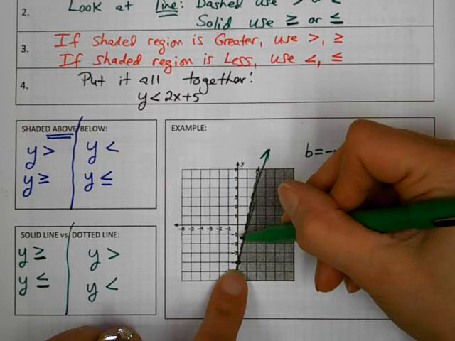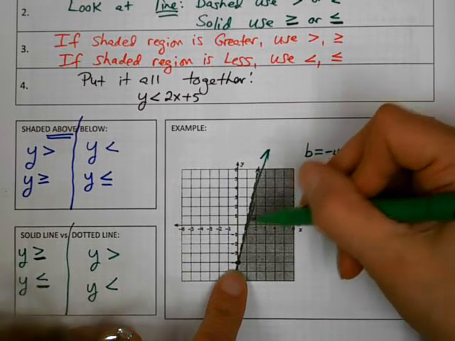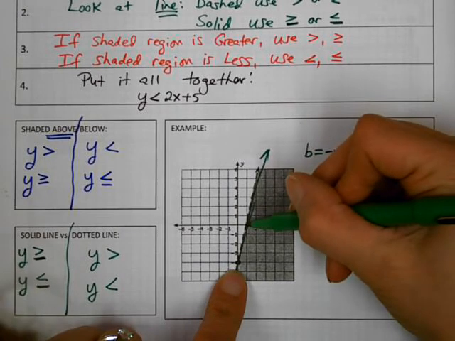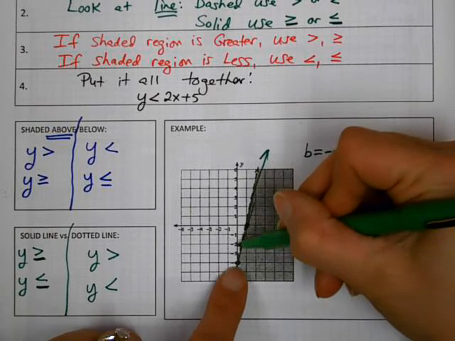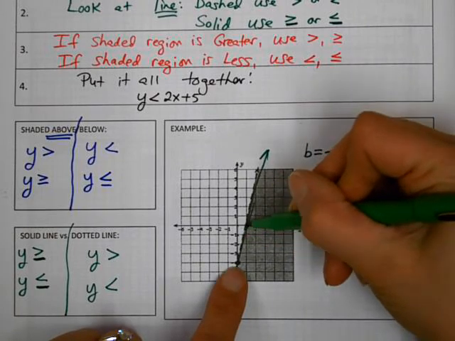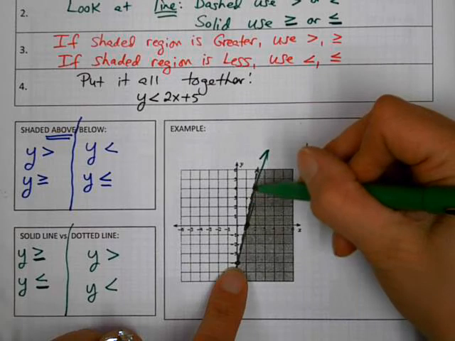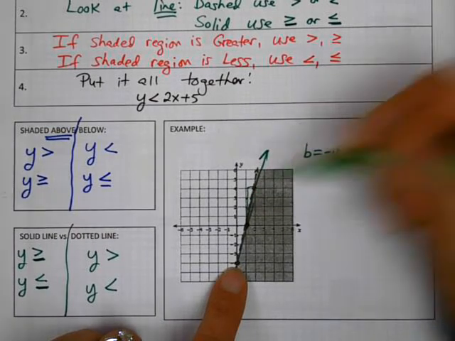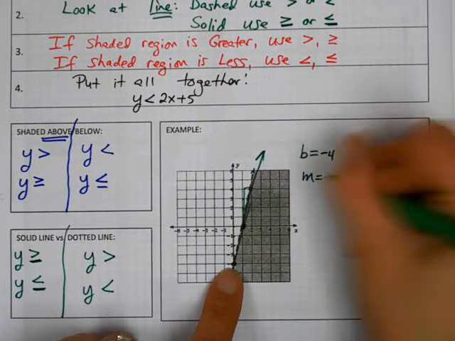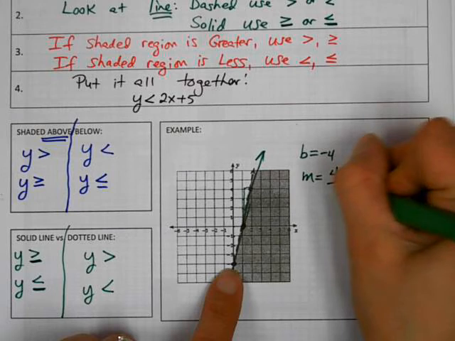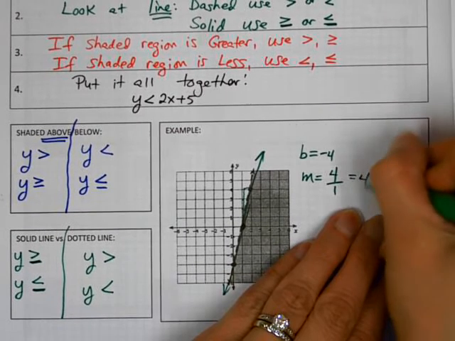It seems like maybe this right here is another point. So it seems like 1, 2, 3, 4, up 4 over 1. So the slope is up 4 over 1, or just a 4.